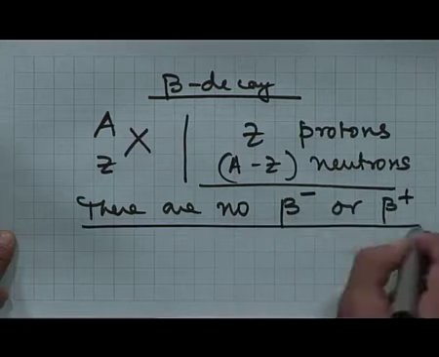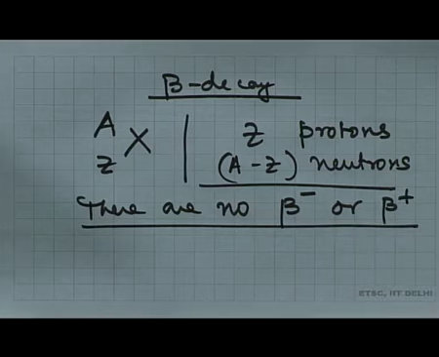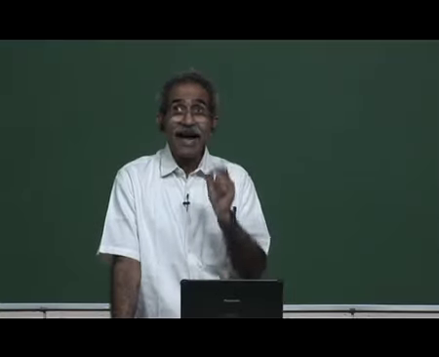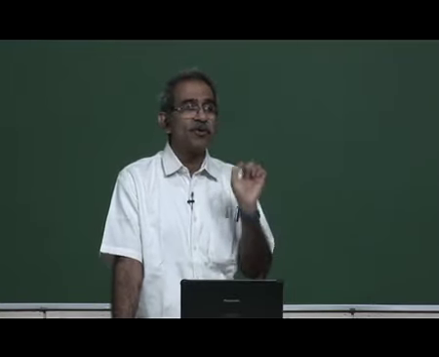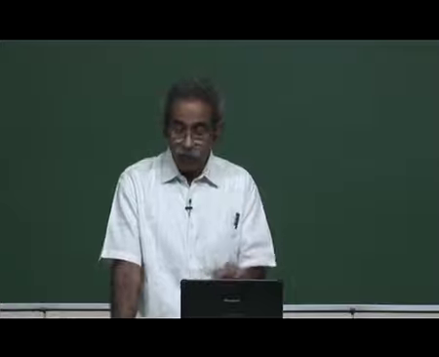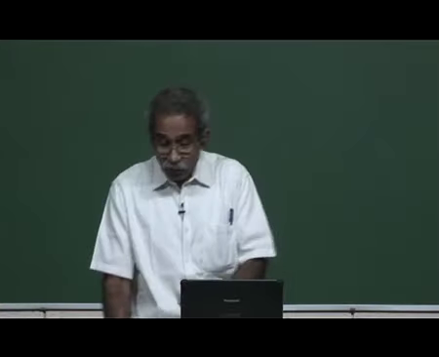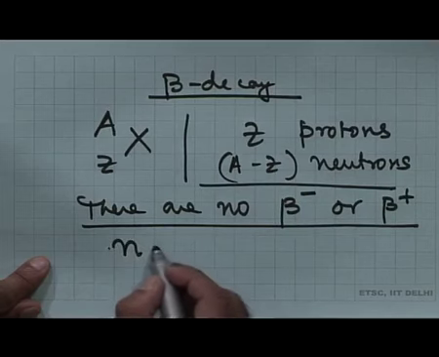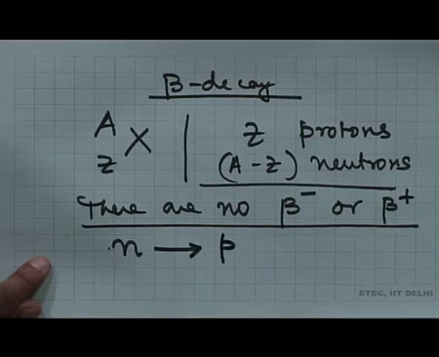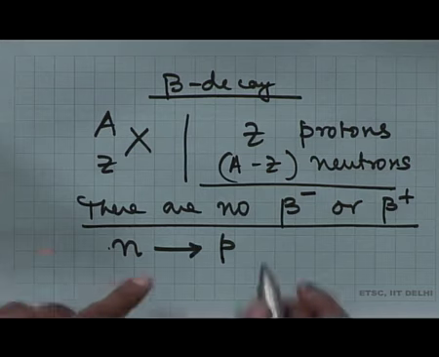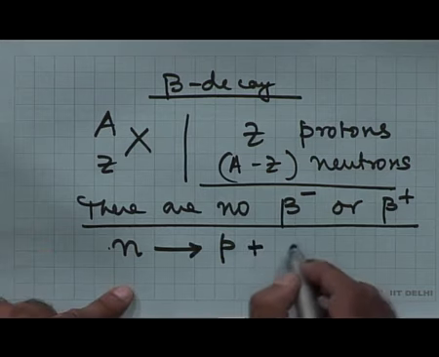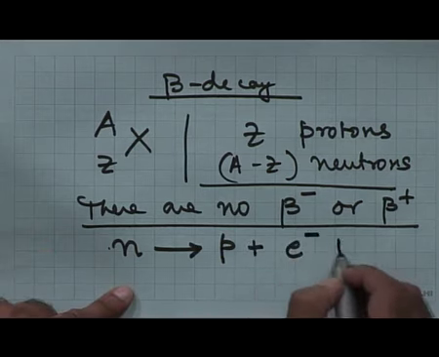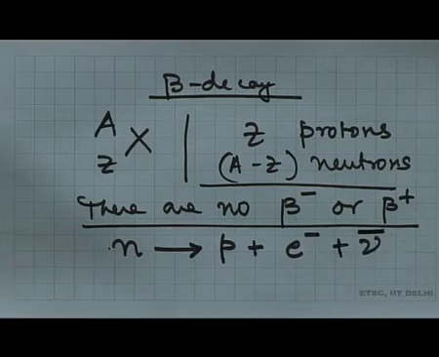That is the most important thing. So what happens is that the particles undergo a transmutation. That is the most important word. They undergo a change in property. So a neutron actually becomes a proton, and then it produces an electron, and then it produces an antineutrino. That is the most important thing.